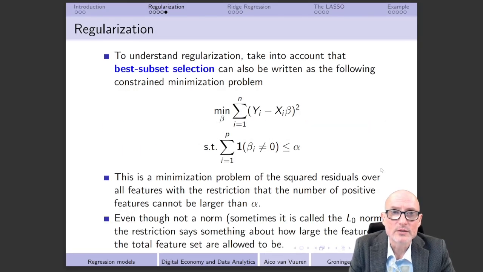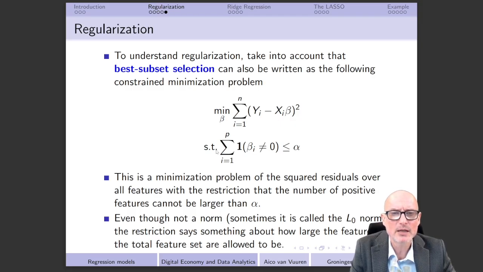To understand regularization, take into account that best subset selection can also be written as the following constrained minimization problem. Here we have the minimization that we have in standard ordinary least squares, namely that we minimize the sum of squared residuals, yi minus xi times beta.